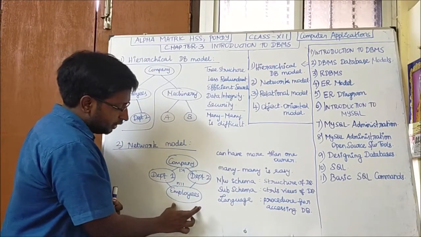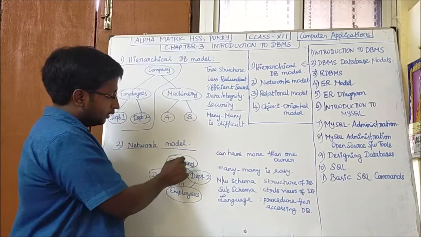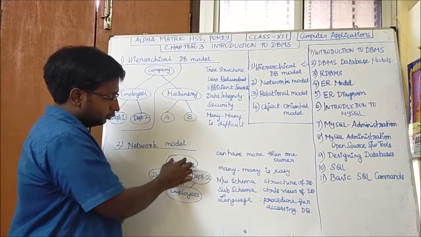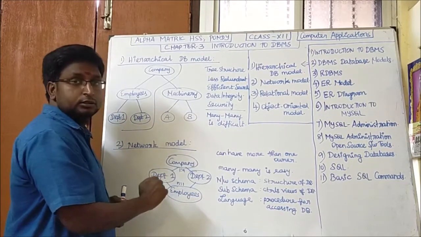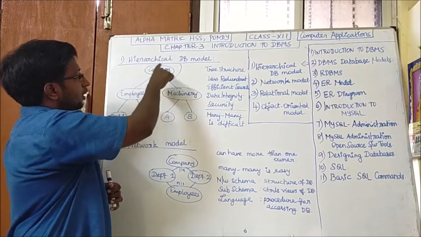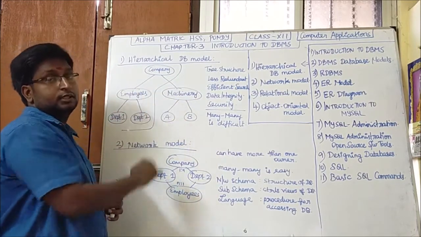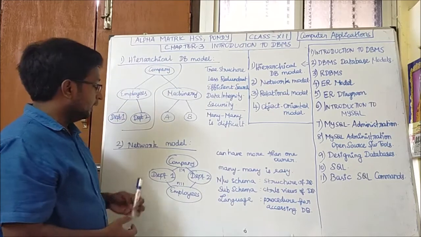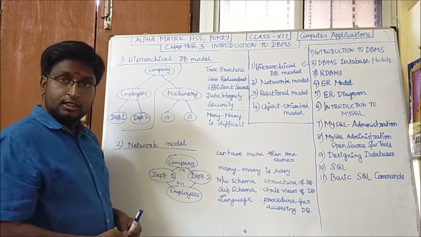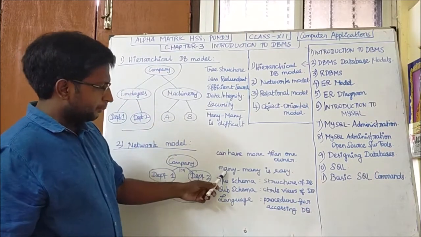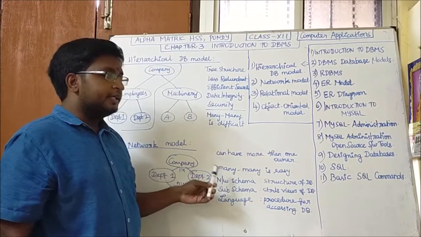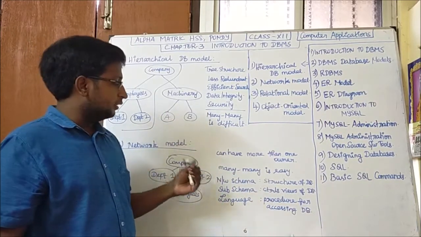So here you can see one to many, and many to one. So this is very difficult in the hierarchical model, whereas to overcome that, they have created the network model. Many to many relationship is easy, and we have some topics in that network model.